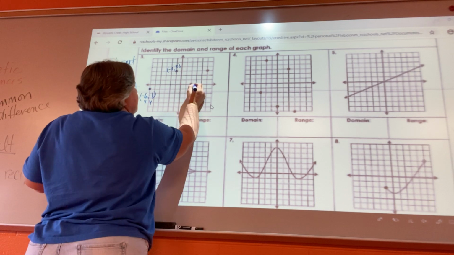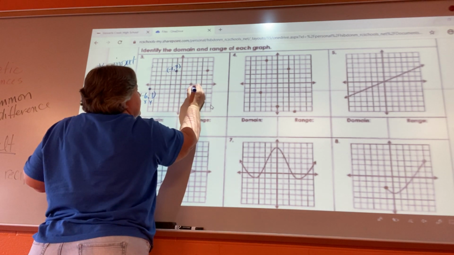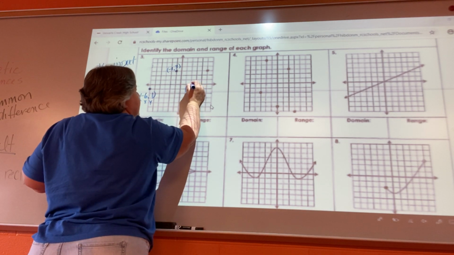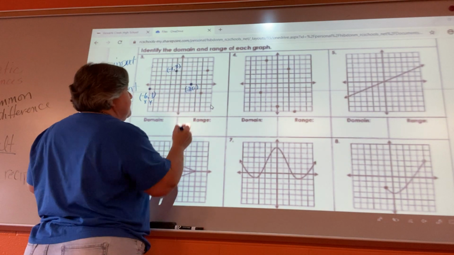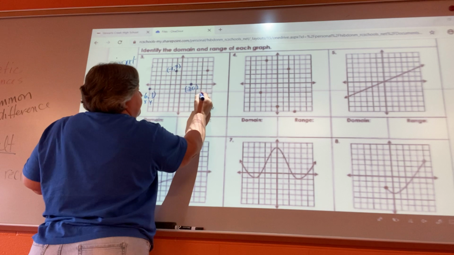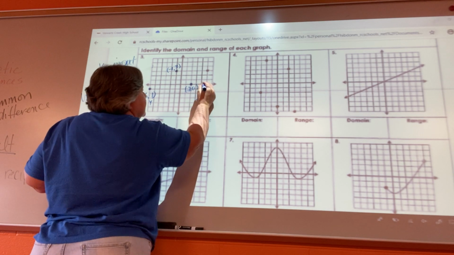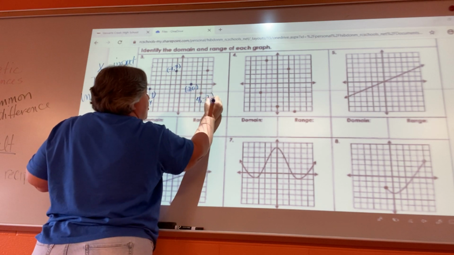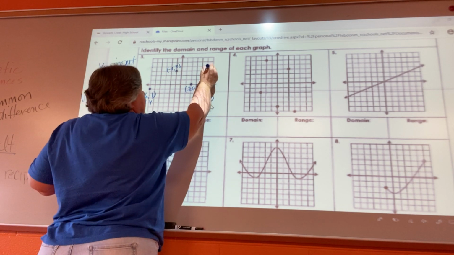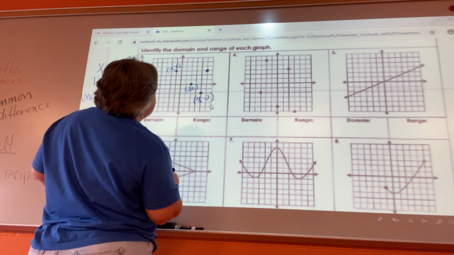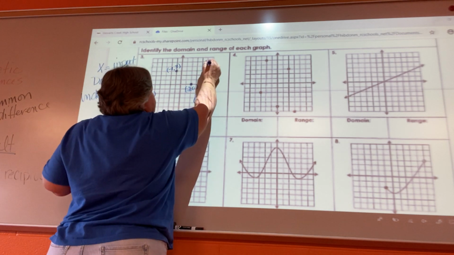This one is 2, 0. Because on the x-axis it goes over 2, but it doesn't go up or down on the y. This one is 4 on the x and -2 on the y. And then this one looks like it's 5, 3.